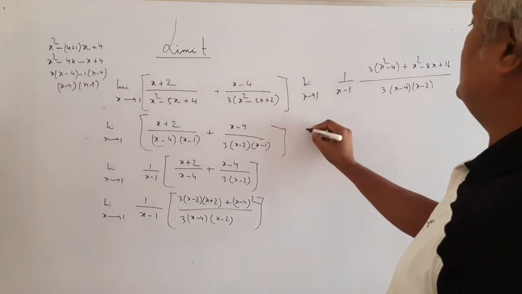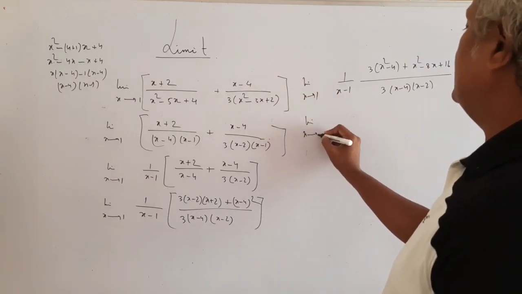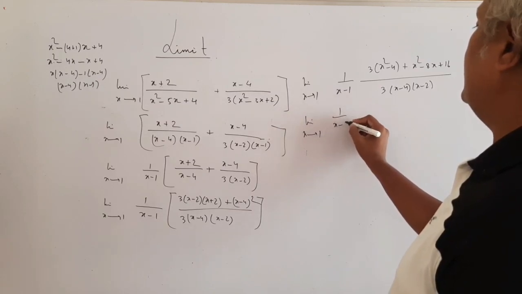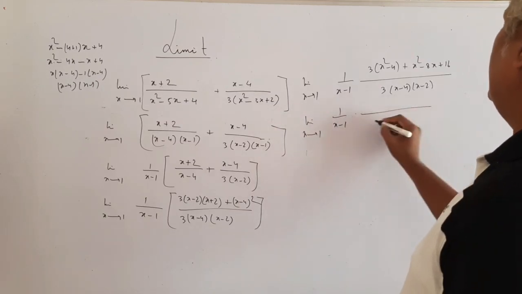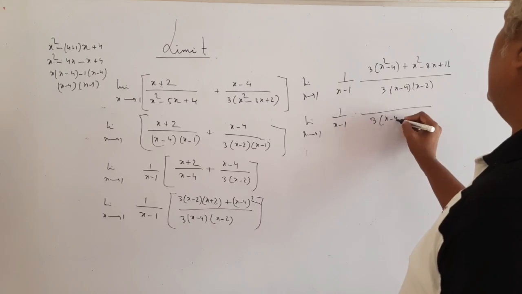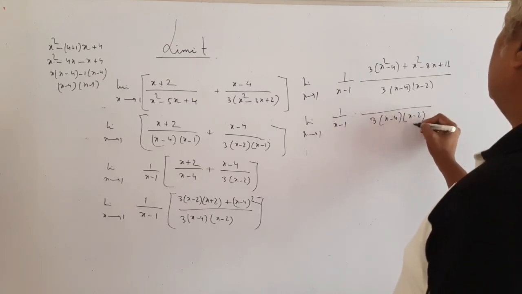So limit x tends to 1, 1 over x minus 1, and the denominator is 3 times (x minus 4)(x minus 2).